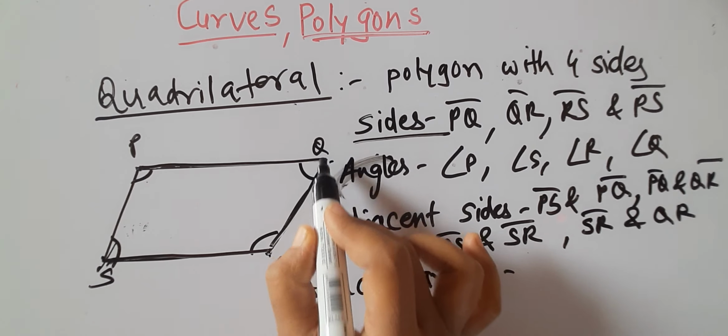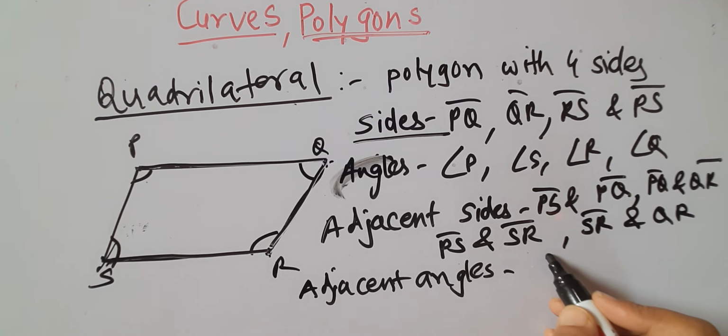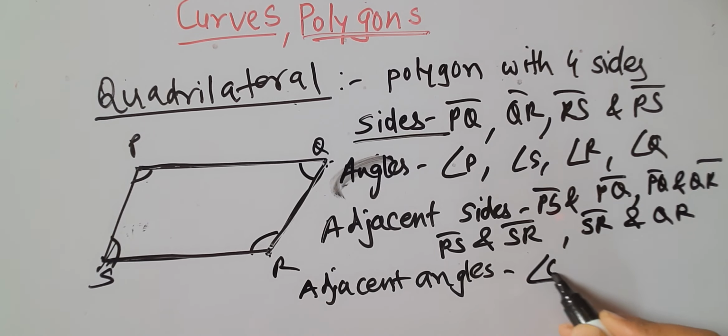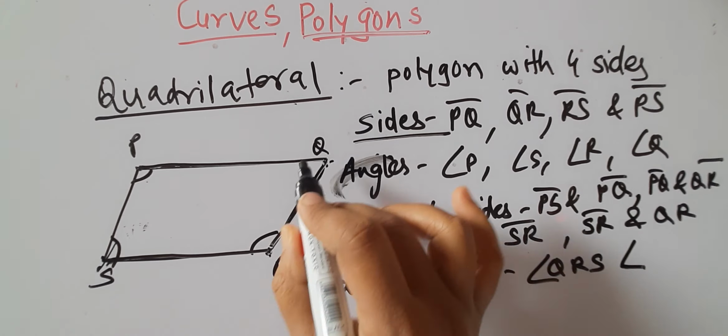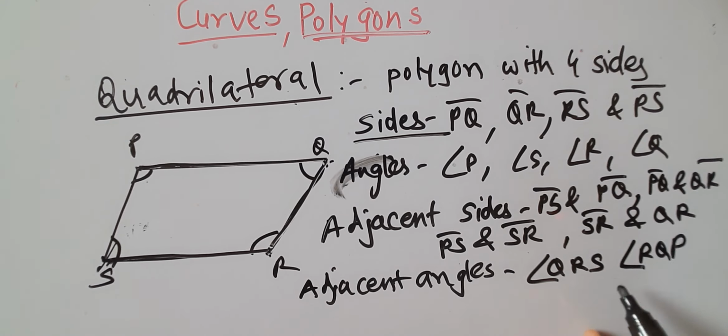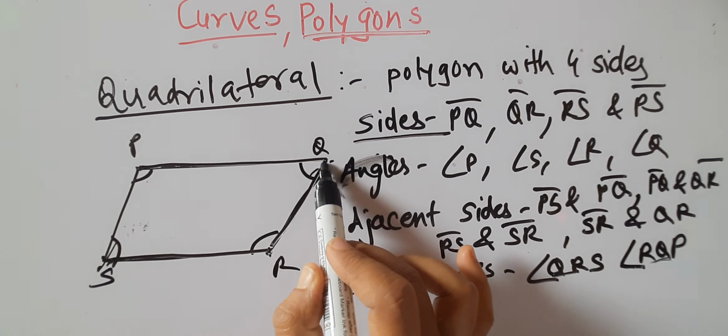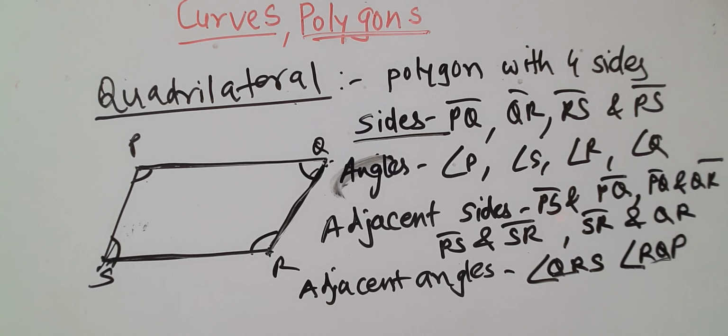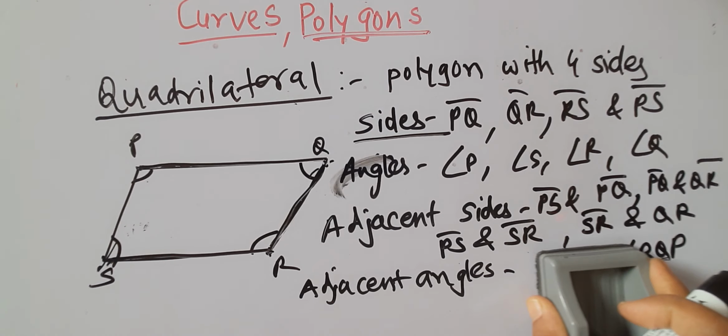So here QR is common. For R I have QRS as the name of the angle, and similarly for Q we have RQP. So here QR, this line segment, is common for both the angles R and Q. So these are known as adjacent angles.